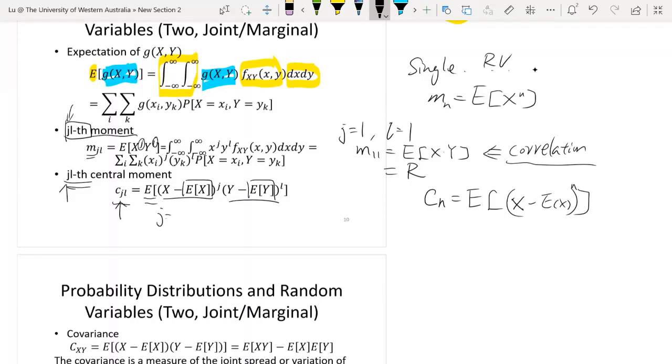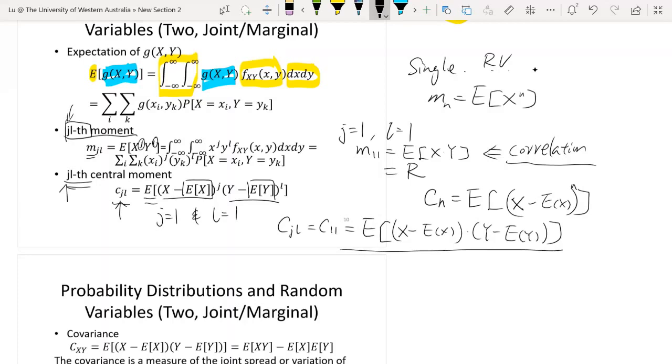When J equals 1 and L equals 1, in this case, this CJL becomes C11, which is actually the expectation of x minus EX by y minus EY. This calculation is very, very important, and you will use this one many, many times until the end of the whole semester.